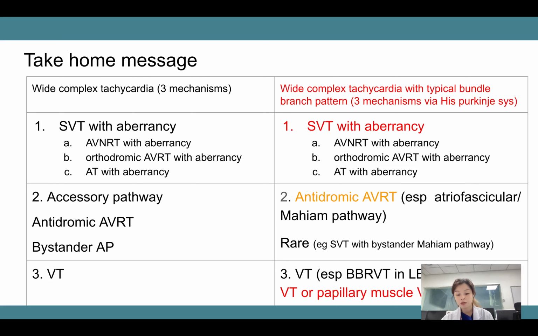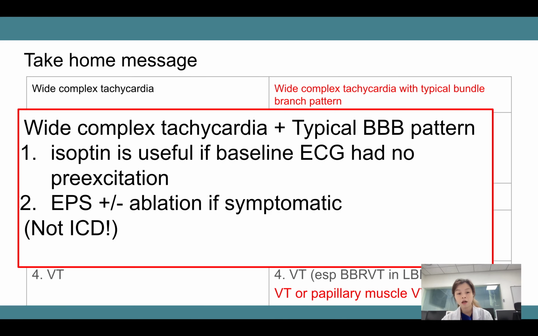So, ladies and gentlemen, in the last 20 minutes, we have talked about the 3 important mechanisms of wide complex tachycardia and the specific differential diagnosis for wide complex tachycardia with bundle branch block. Please be reminded that for wide complex tachycardia with typical bundle branch block, verapamil is useful if the baseline ECG had no pre-excitation.